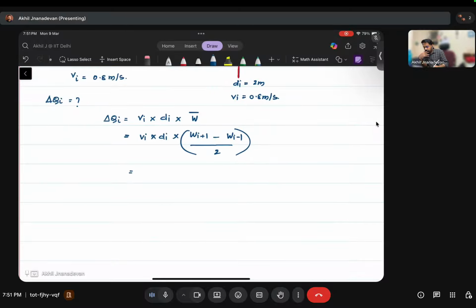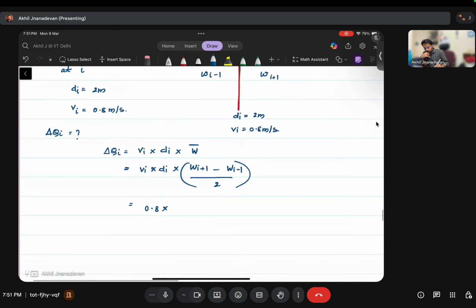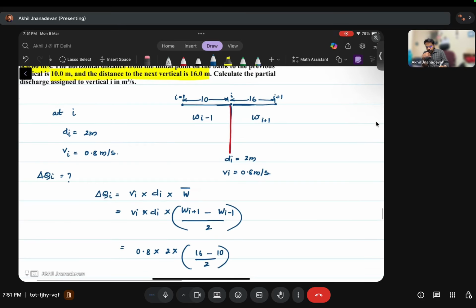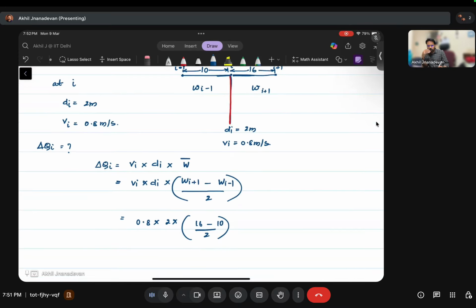That will be Vi is 0.8 into Di is 2 meter and Wi is 16 minus 10 by 2, that is 8 minus 5, that is 3 meter, right? 3 meter is the width corresponding to this particular vertical.